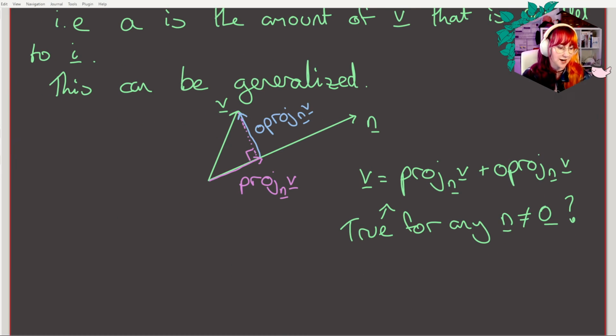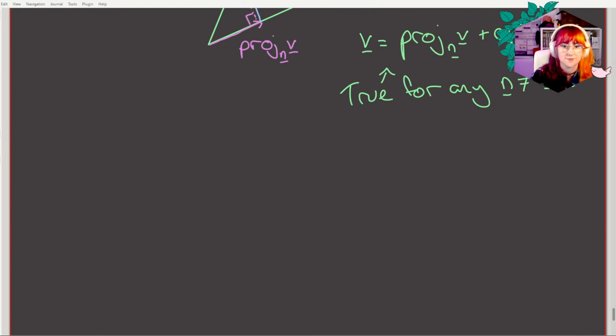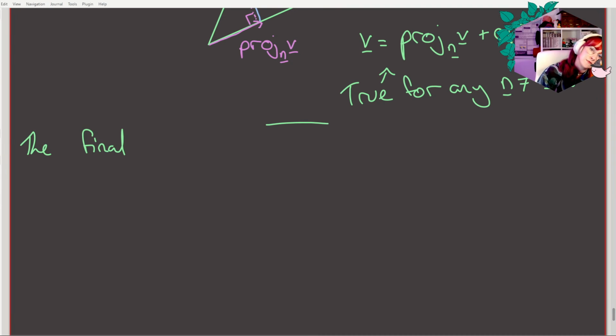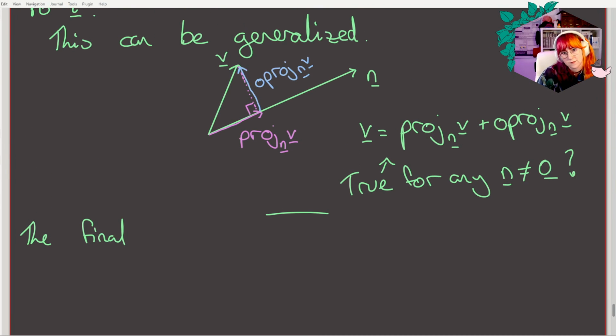Now, we'll get on to how you actually compute that later. I guess the projection on the 0 vector would be 0 and the opposite is just v.